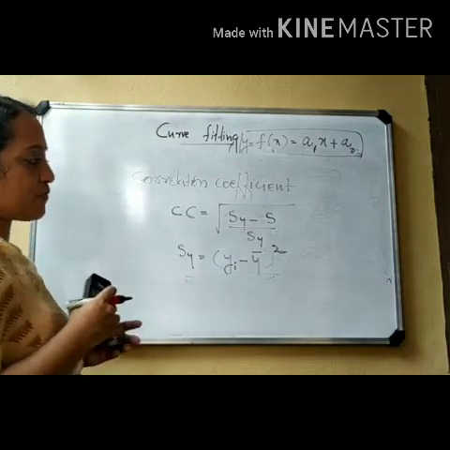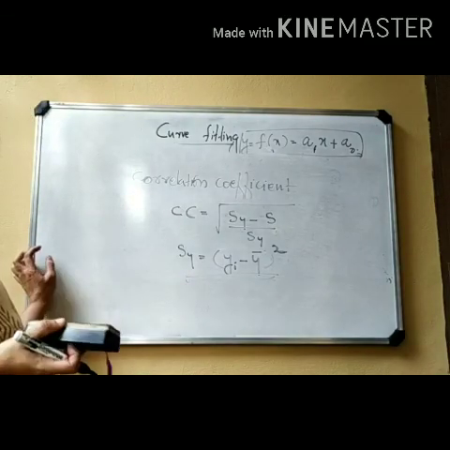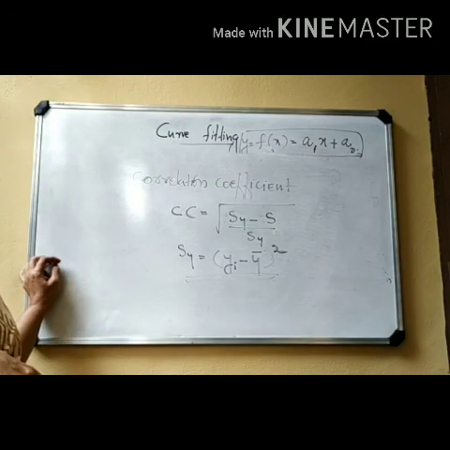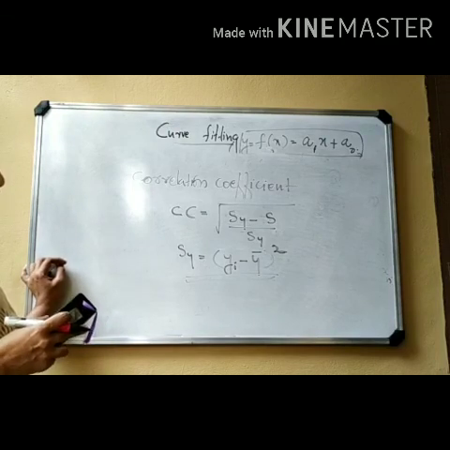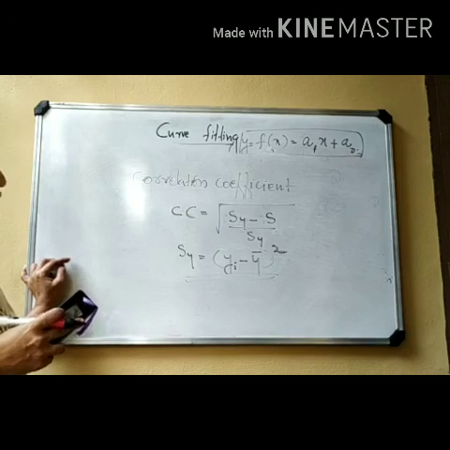Now we are taking this square because the deviation is sometimes positive and sometimes it is negative. So we will be taking the squares. So this is the correlation coefficient.